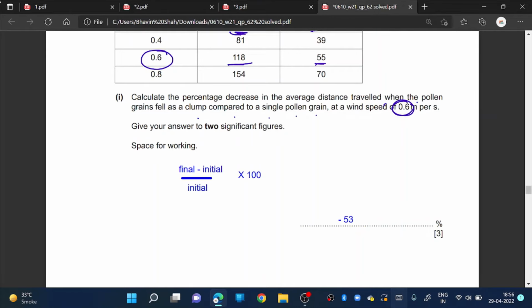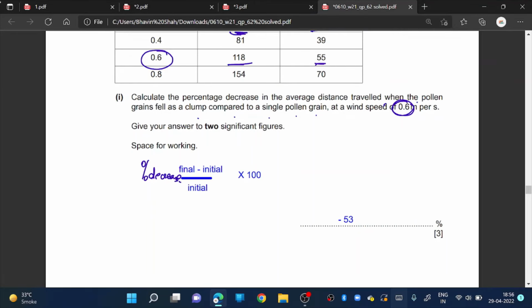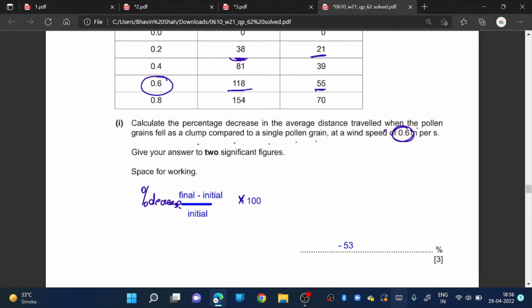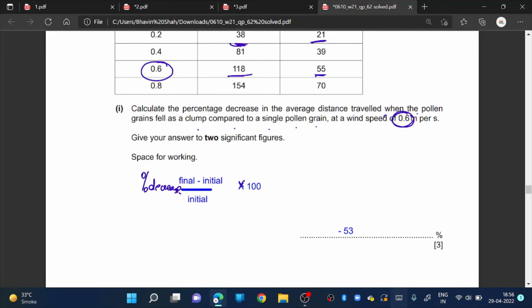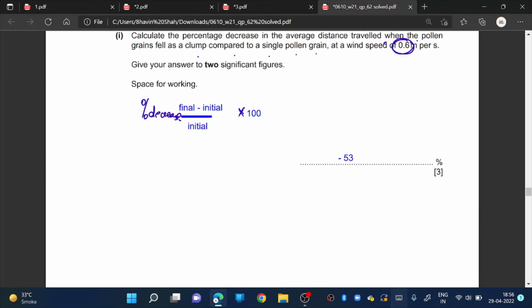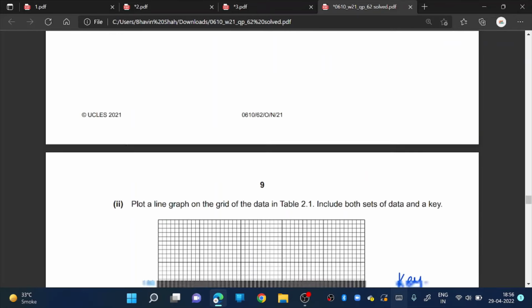This is the formula for your percentage decrease. Then you multiply it by 100 because it is a percentage. When you divide the difference by the initial and multiply by 100, your answer is going to be minus 53. This is again your answer for 3 marks.